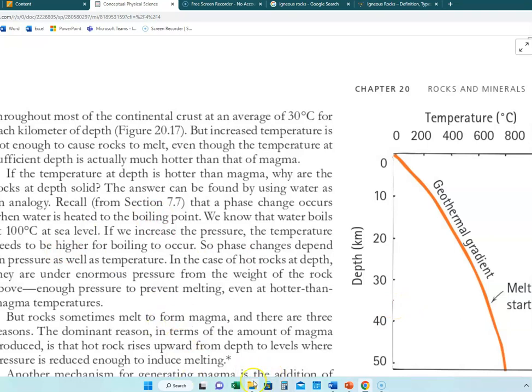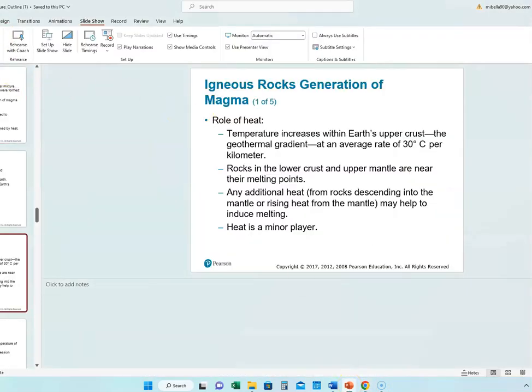Not always. You might think that at 30 kilometers and below, everything is molten rock. That's not the case. The mantle is not molten rock, and the reason is pressure.